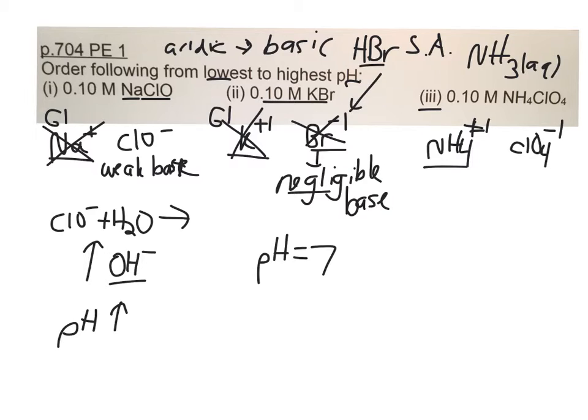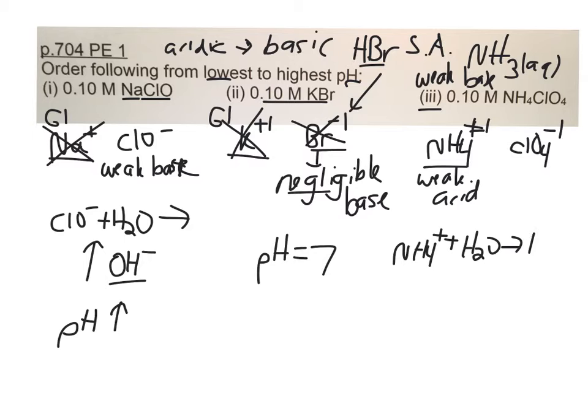So a weak base's conjugate acid would tend to be a weak acid, which means it can donate the H proton in solution. So it would donate it to water, and because it's a donor, the pH starts to go down.